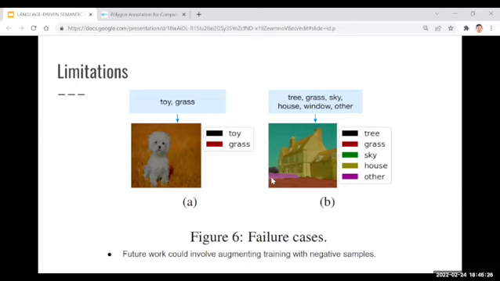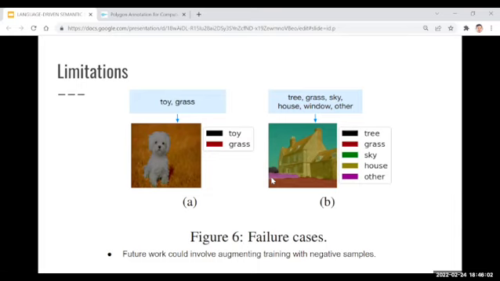So that's why the model has chosen the toy, whereas it is a dog. In the second example, the model focuses on the single most likely object when multiple explanations are consistent with the label set. Here the windows of the house are labeled as house instead of window, even though the label window is available as a choice for the house windows.